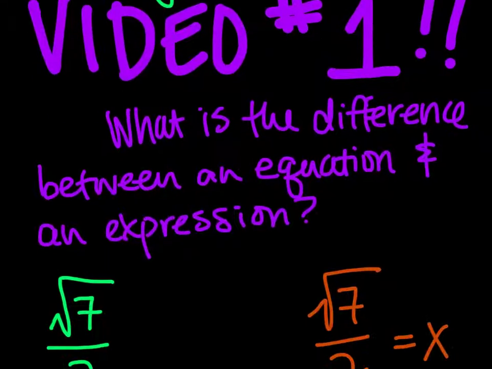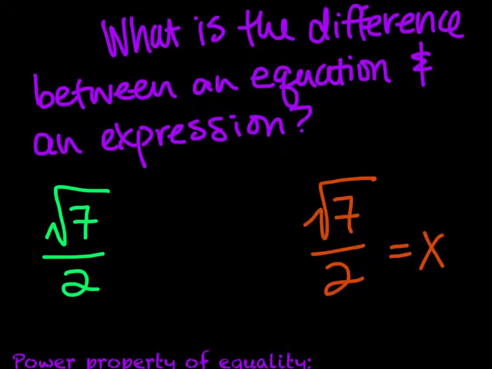Here we go. What is, first of all, the difference between an equation and an expression? Right here, this square root of 7 divided by 2, that is an expression. If we look over here at square root of 7 over 2 equals x, that is an equation.